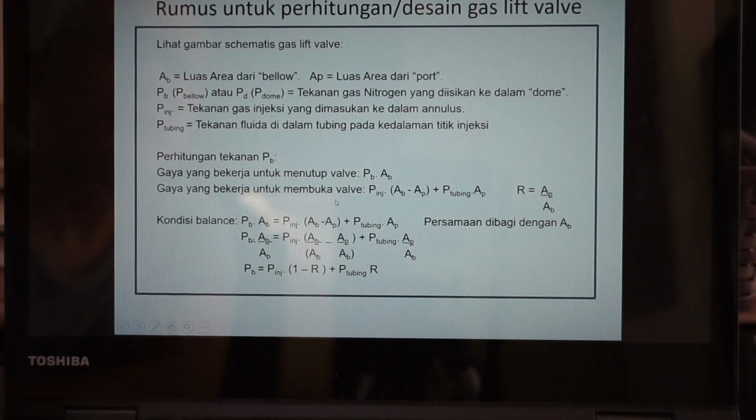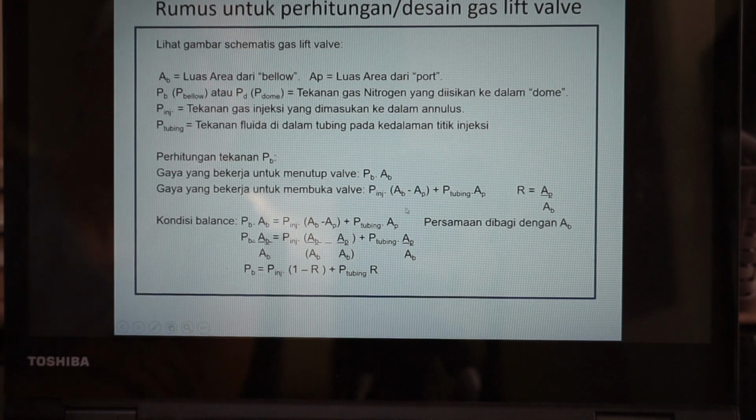In order to open the valve, you have to have a P injection and a P tubing. P injection acts on the area of bellow minus area of the port, which is a small difference, and P tubing acts from the bottom with the area of the port.